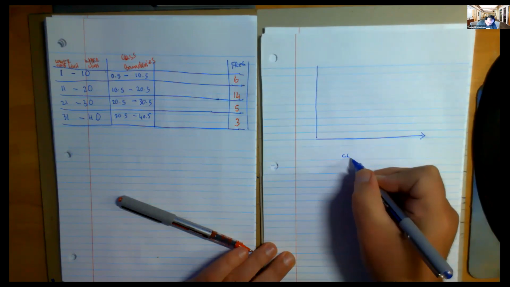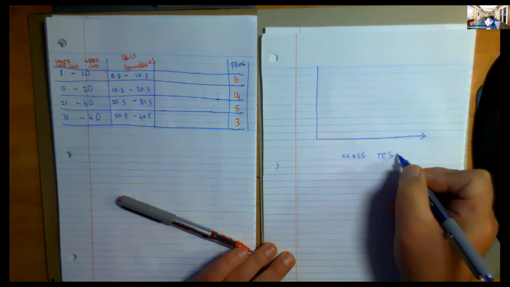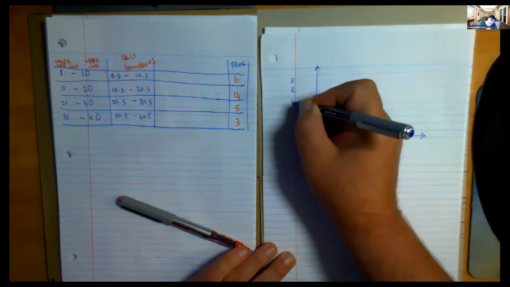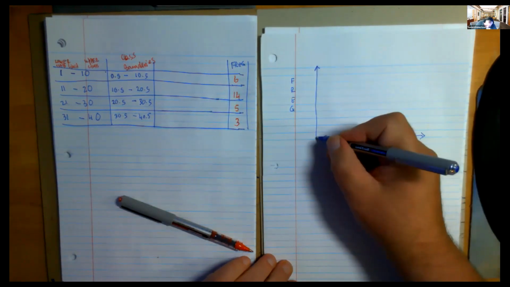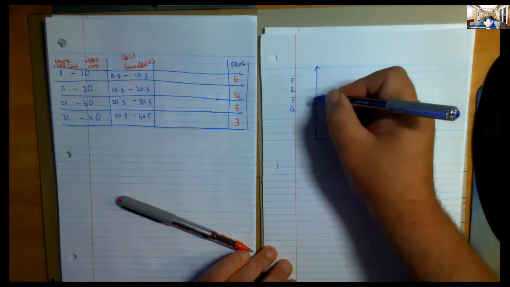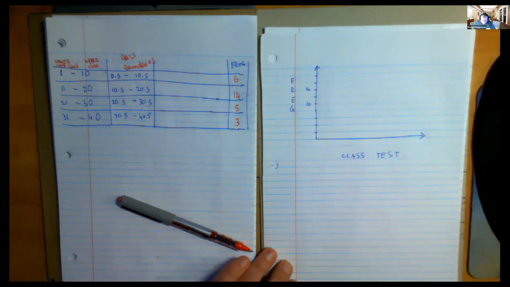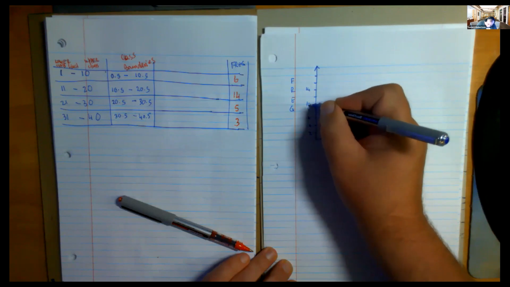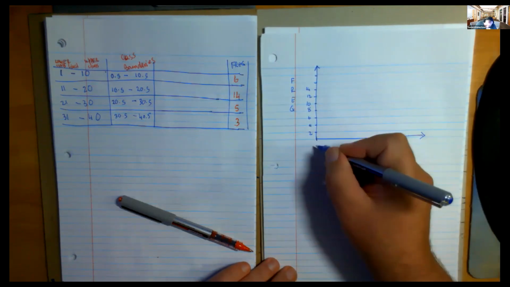Along the bottom, you'd put what the thing is, and it's the class test. And then vertically, you put the frequency. And since I know the biggest number is 14, I choose a scale, 2, 4, 6, 8, 10, 12, 14, 16, 18, and so on. Go like that.